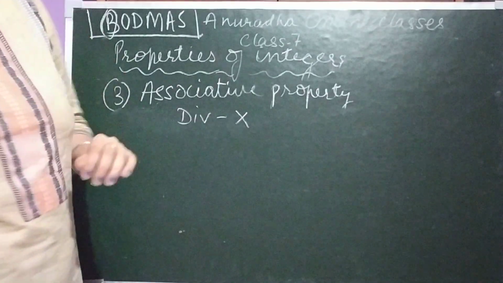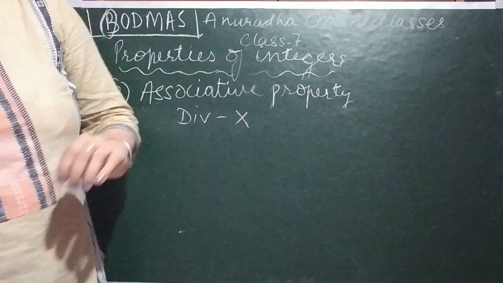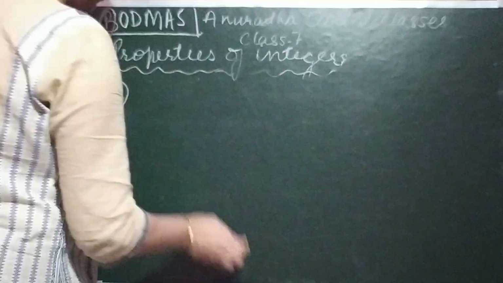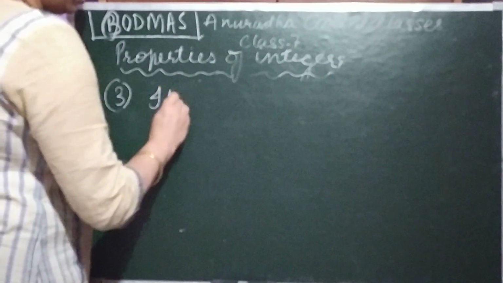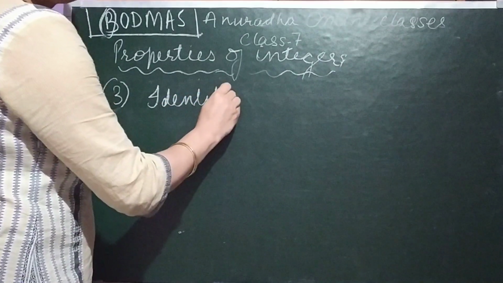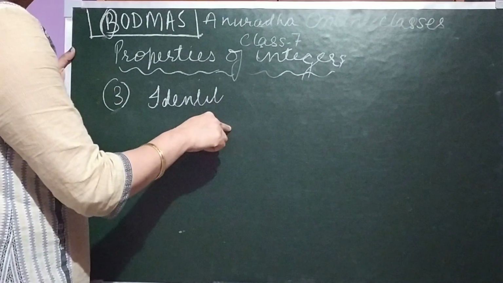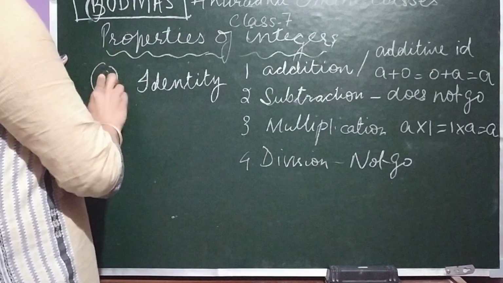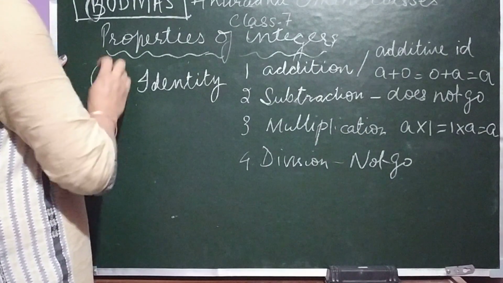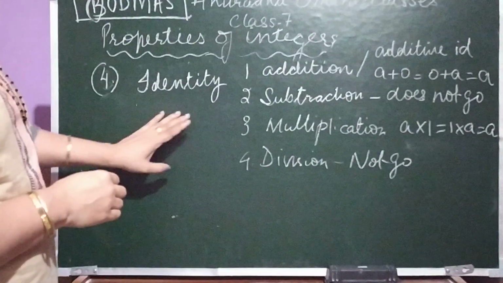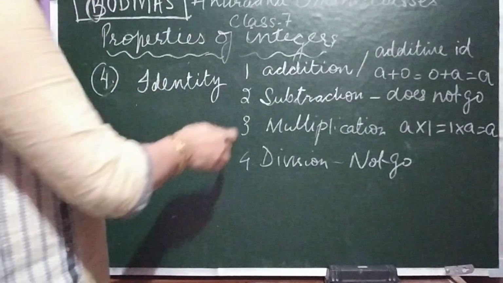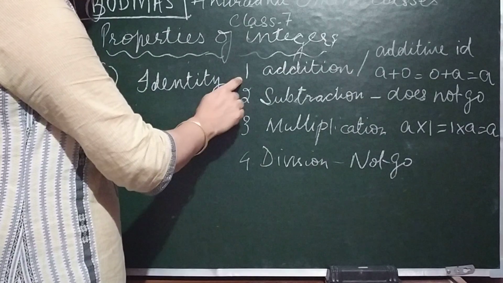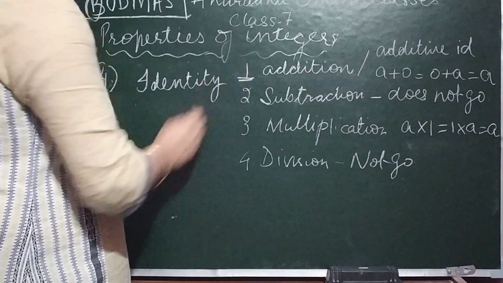Now the fourth property is identity. So here children, I am with the fourth property, that is identity, of integers under addition.